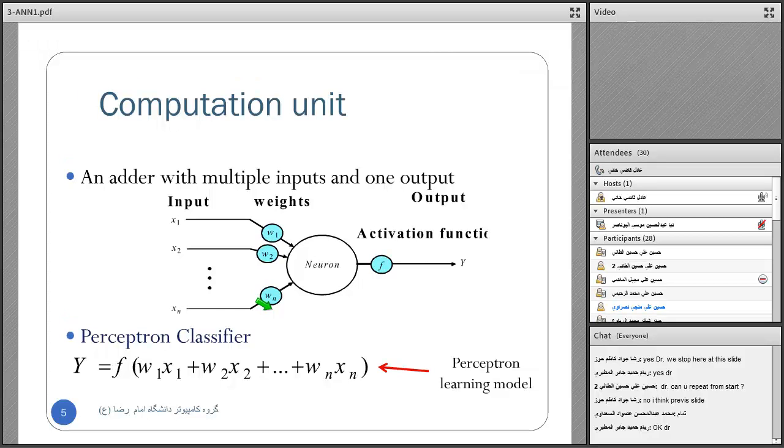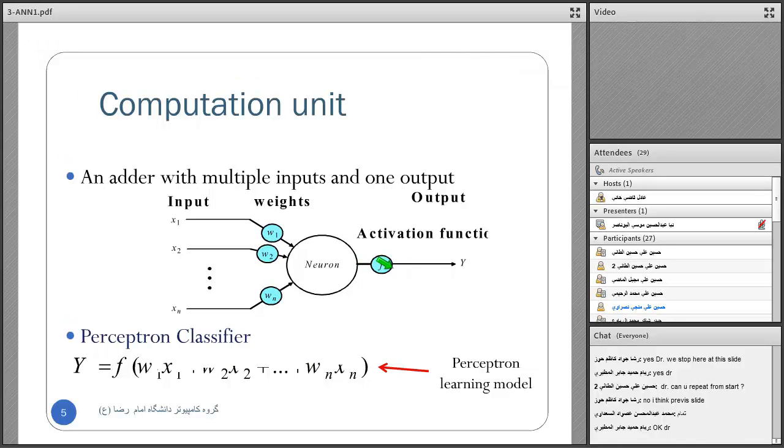The neuron is like an adder. Each of the inputs is multiplied by its weight, and then they are added up. So here we have w1 x1 plus w2 x2 plus wn xn. And then we have an activation function.